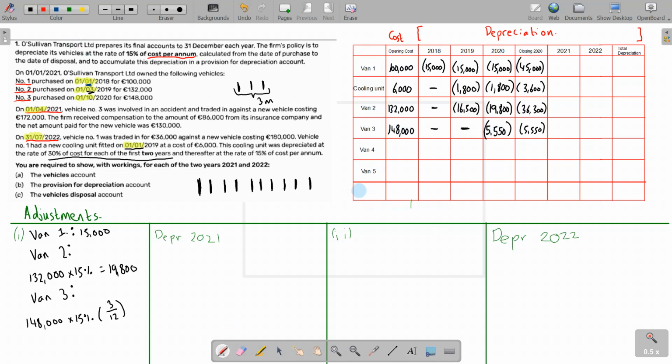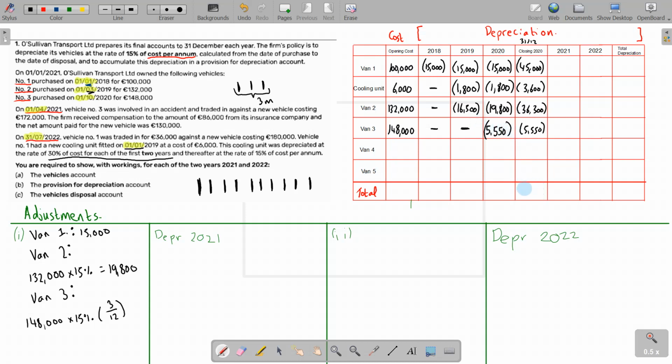So when we're looking at our total, the closing on the 31st of the 12th, 2020, the closing balance is going to be 5,550 plus 36,300 plus 3,600 and 45,000.